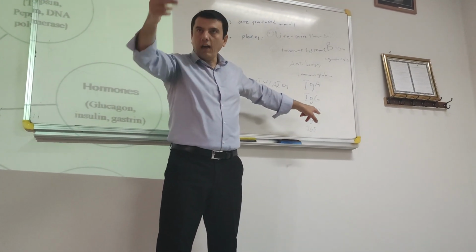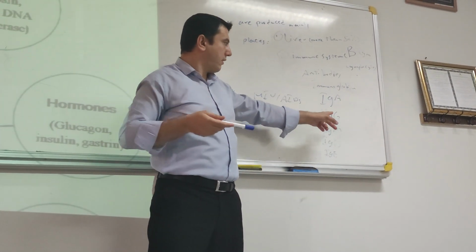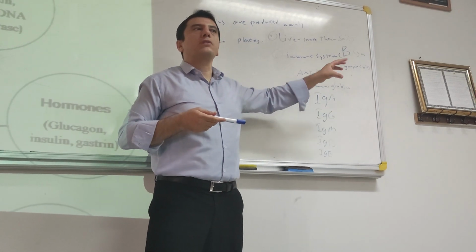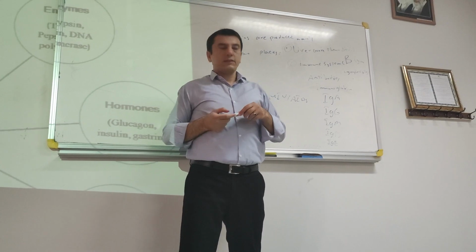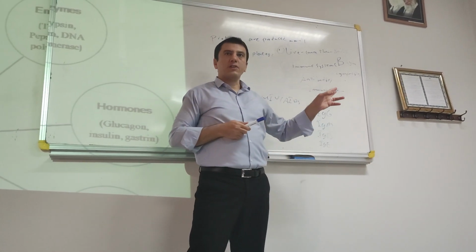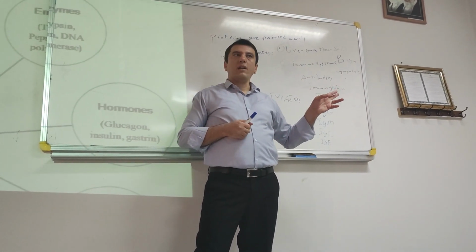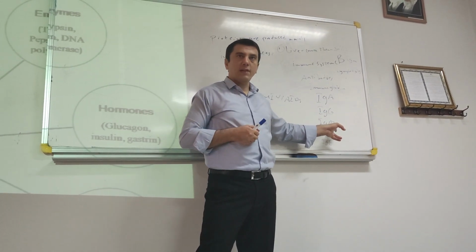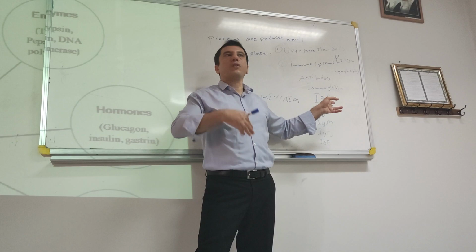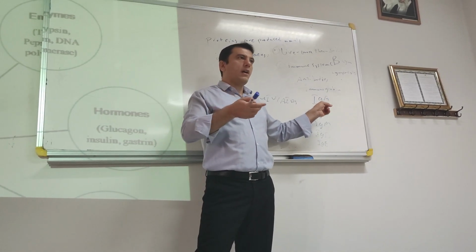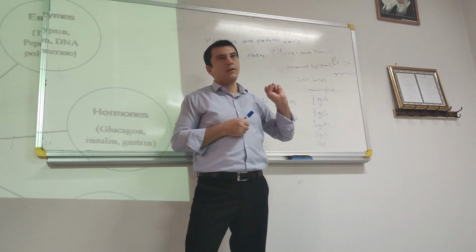Then, after 1 or 2 weeks, IgG will be produced against those infections. So the primary infection is responded to by IgM, and the second response is IgG.